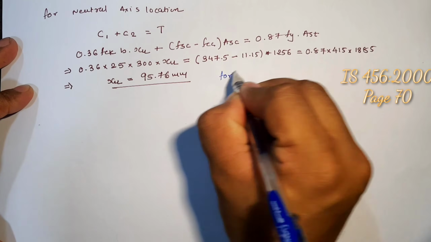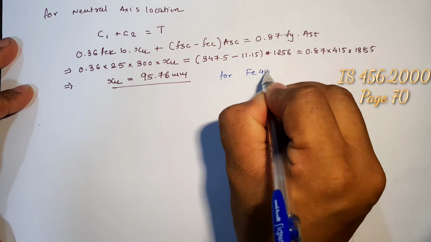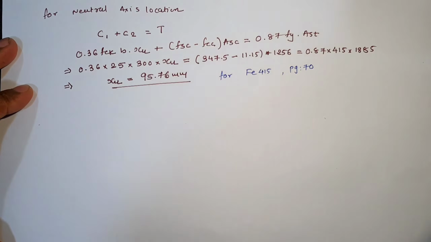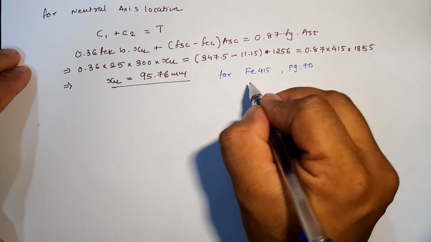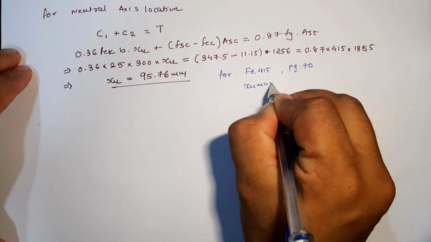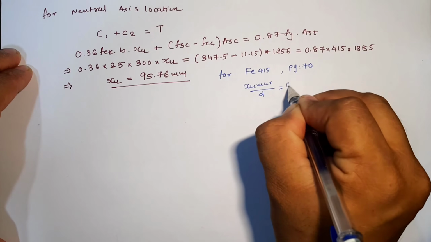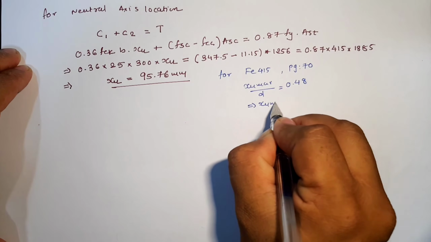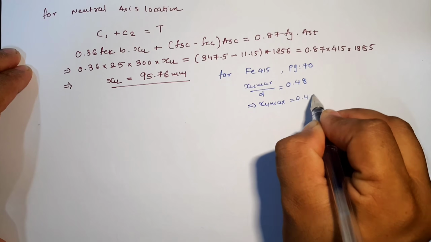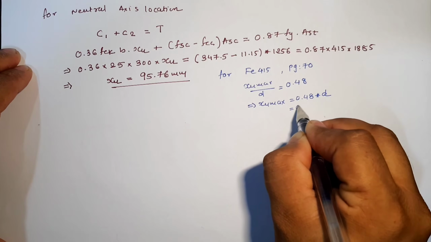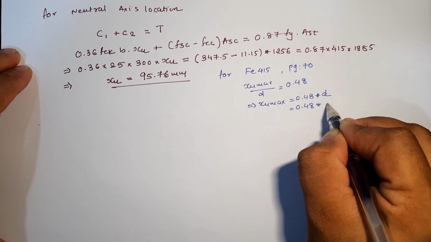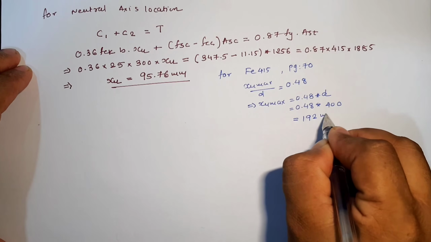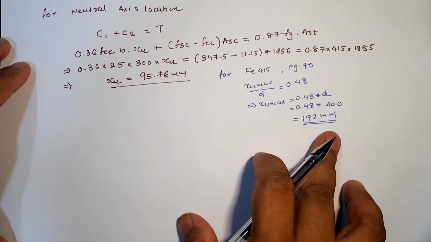Now for Fe415, from page number 70 of IS 456-2000, the Xu max by d value is 0.48, hence the Xu max is 192 mm.